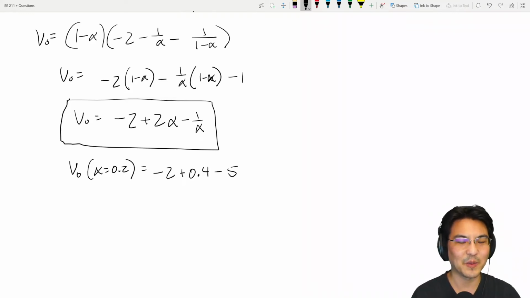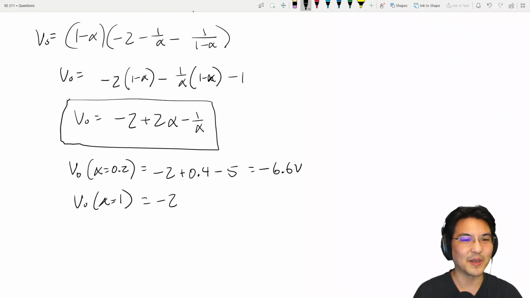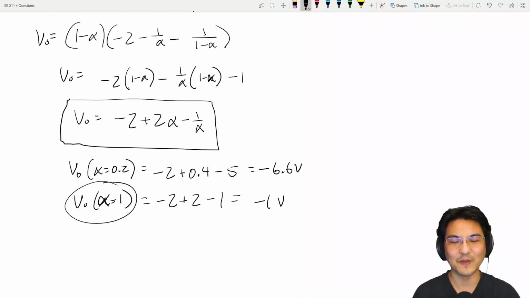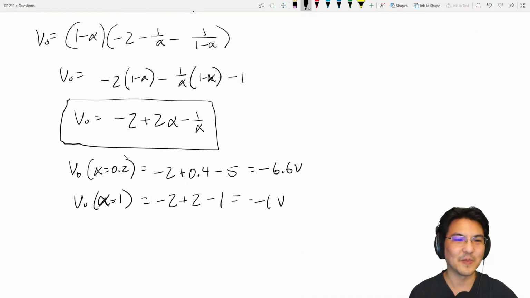So -7 plus 0.4 is -6.6. V out at alpha equals 1 is -2 plus 2 minus 1, which is -1. So if we crank the dial all the way to 1, where alpha is 1, then the voltage is -1. When we turn the dial down to alpha is 0.2, then it becomes -6.6.